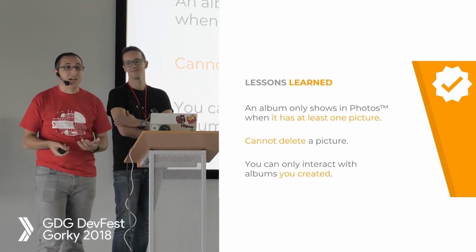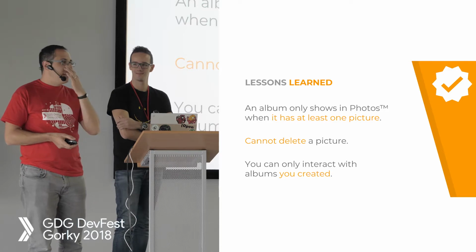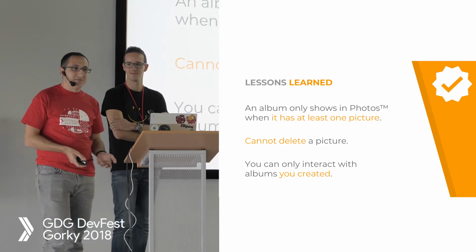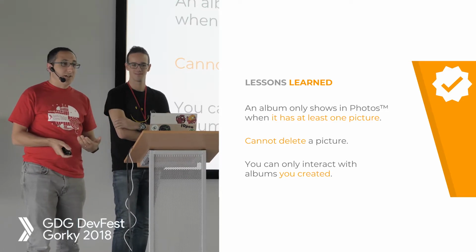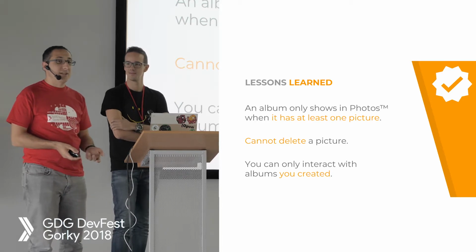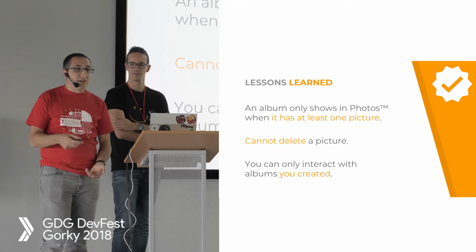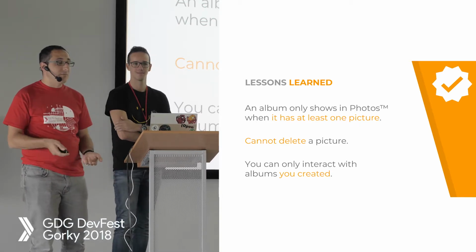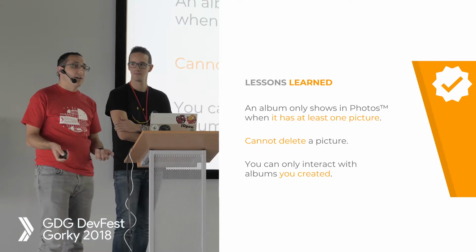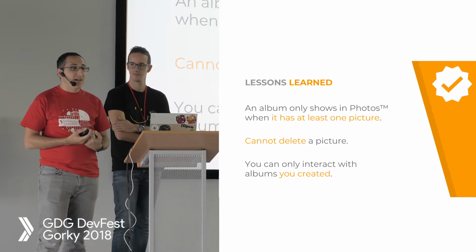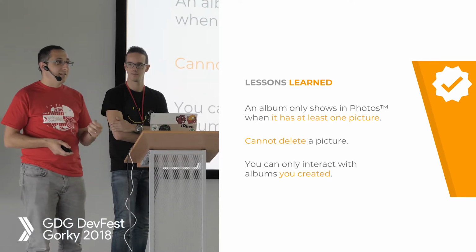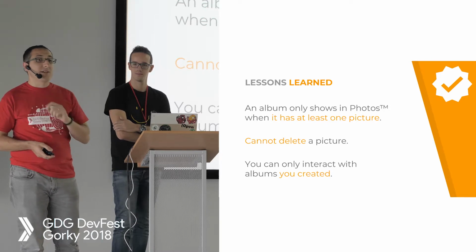Like, I had an empty account. So it took me a couple of tries to understand what was going wrong, because the APIs were telling me, hey, we created the album, it is here. Even trying on a different device with the same account, I could get the albums back, but I couldn't see them in Photos until I uploaded at least one single picture.